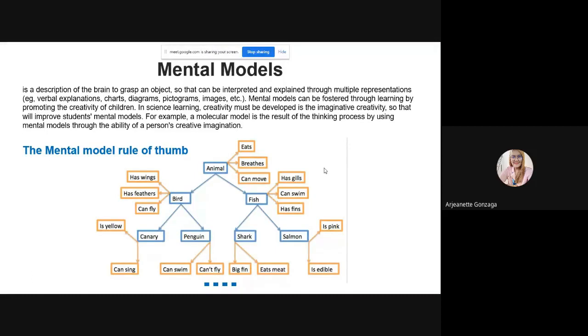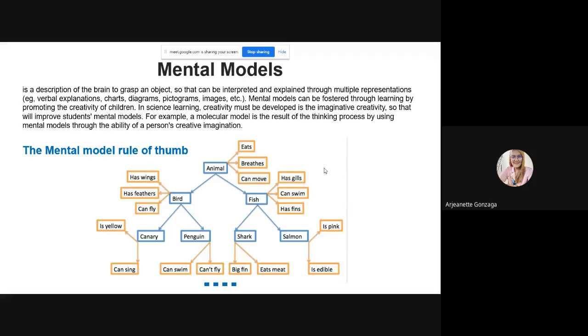Okay, let's proceed to the mental models of humans. A mental model is a description of how the brain grasps an object so that it can be interpreted and explained through multiple representations, for example verbal explanations, charts, diagrams, pictograms, images, and many more.